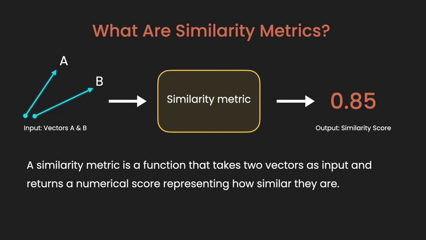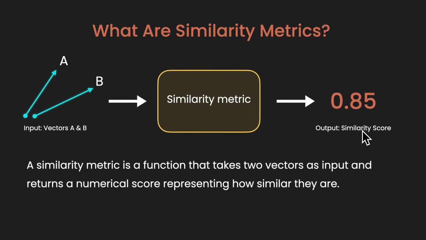Okay, so now that we know what vectors are, the next big question is, how do we figure out which vectors are similar and which are not? That's exactly what we will learn in this lesson. Okay, so what are similarity metrics? A similarity metric is simply a function that takes two vectors as an input and returns a numerical score representing how similar these vectors are.